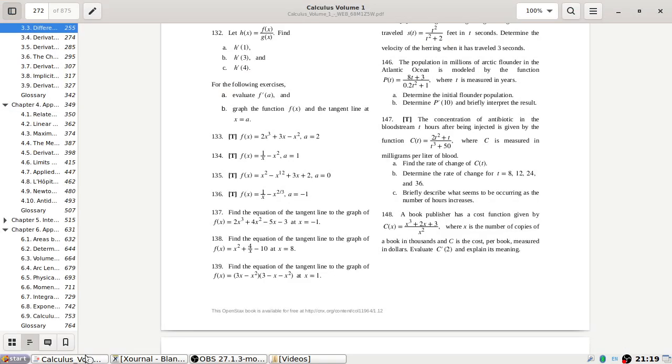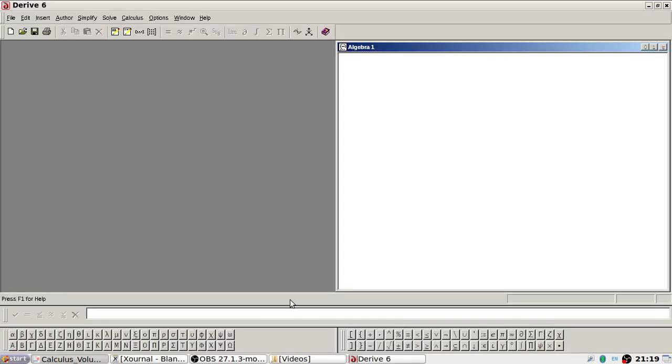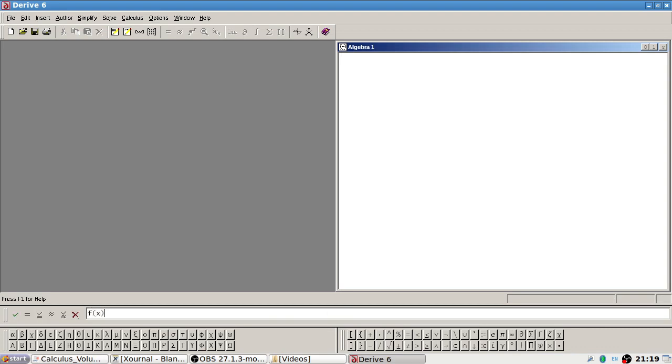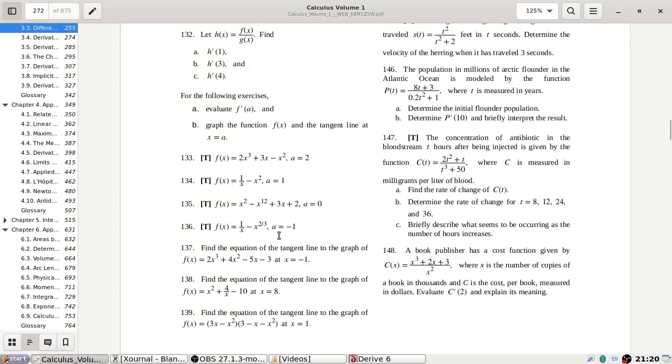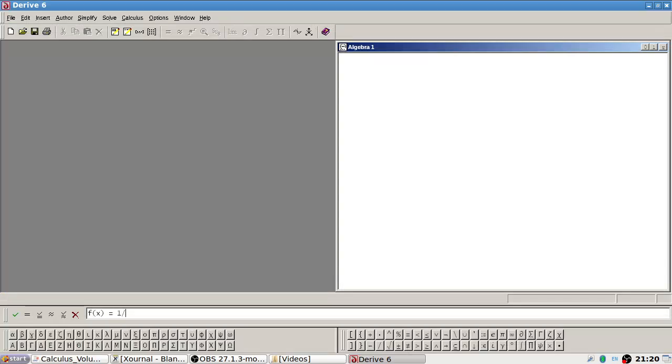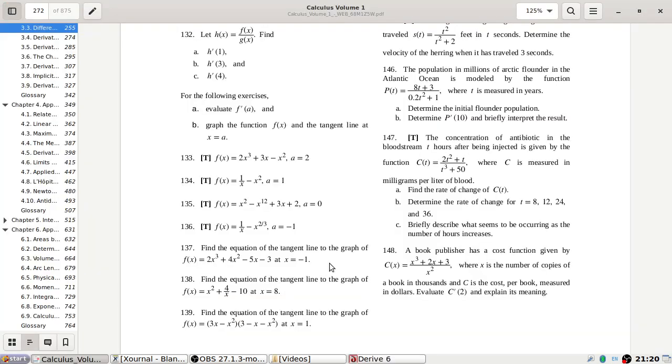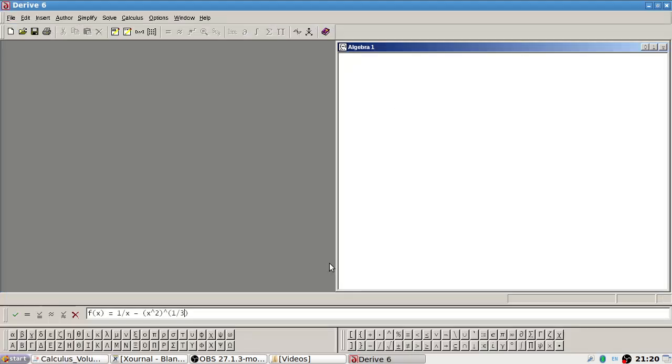All right. It's a good question. I feel like it's something with the graphing program rather than the question. f(x) equals 1 over x minus x squared and then cube root.